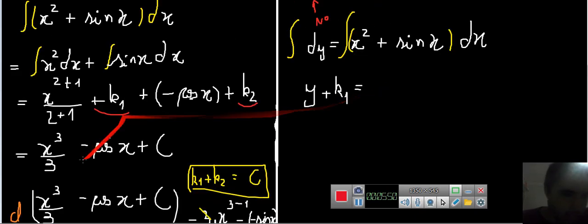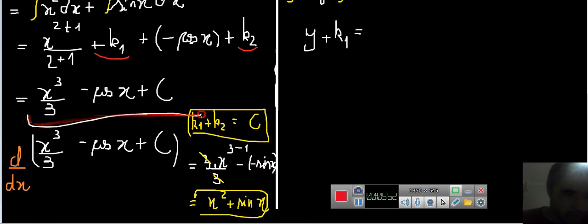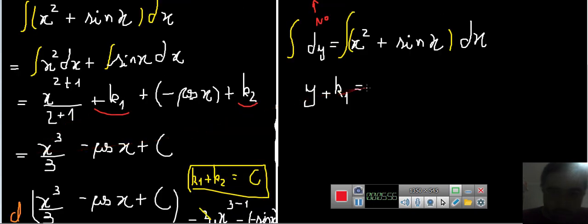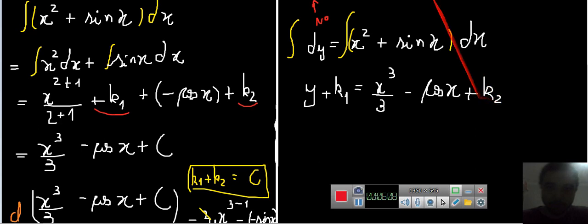And we got, let's see, yeah, x cubed over 3 minus cosine of x and plus some constant too, okay?